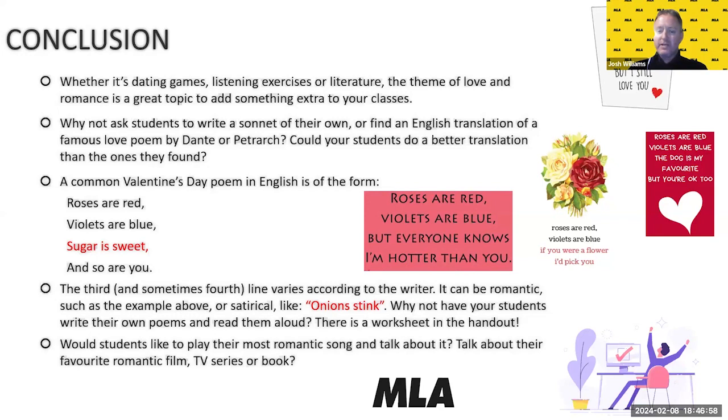I'm not talking about San Remo. Talk about their favorite romantic film, TV series, or book. So I think you can get them to bring in their own material, and I think you could really make that work. So let us know if you've done any of these poems, or you've got any ideas of your favorite romantic literature or works of art in general.